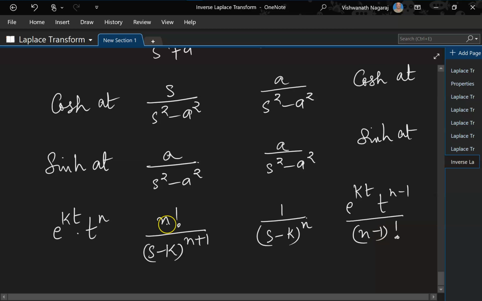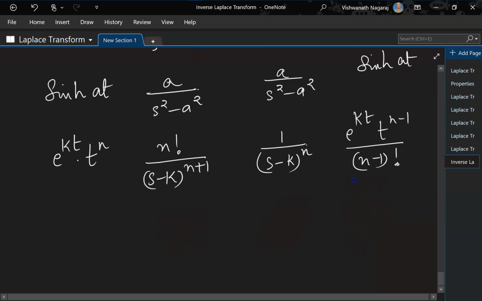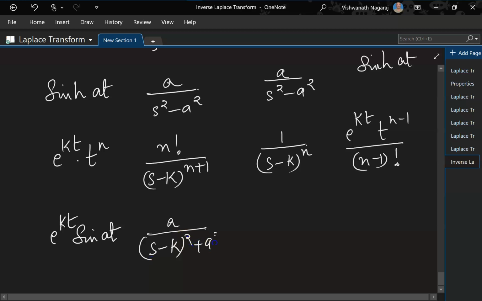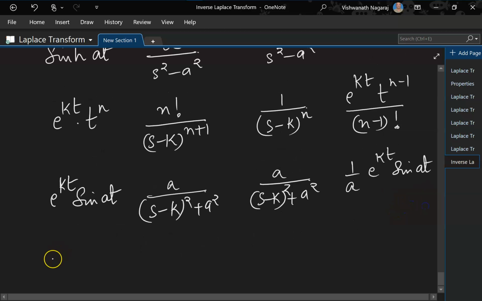This n minus 1 factorial will cancel this n factorial, so that you end up with this. Okay. Then we have e to the power of kt sine at: a by s minus k square plus a square. And here it will be 1 by a, to cancel out this a, 1 by a e to the power of kt sine at.